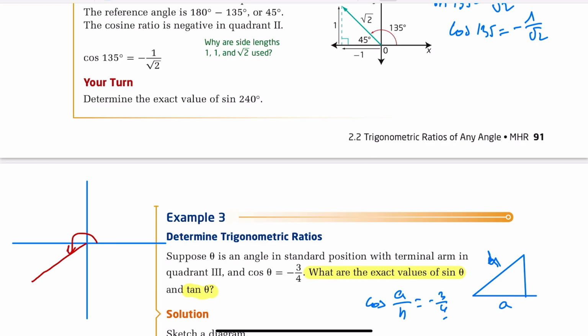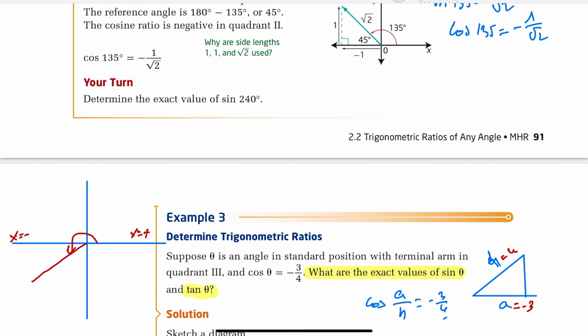Okay, so in this area, my cos, my x, should be negative. This x on this side is positive. So from here I know my A is minus 3 and my H is 4, because my R is always positive.